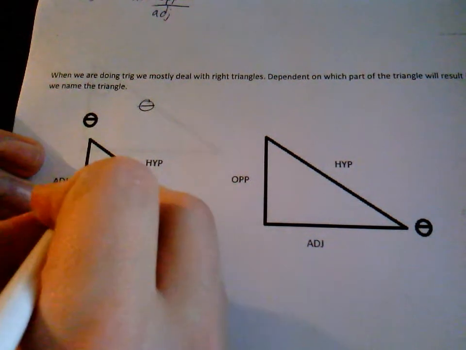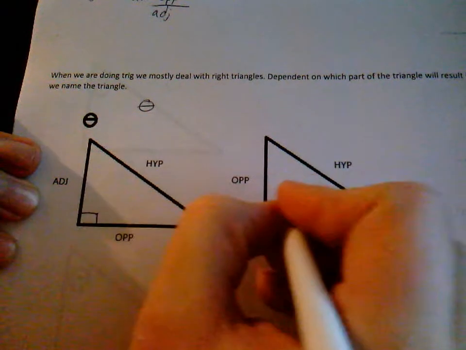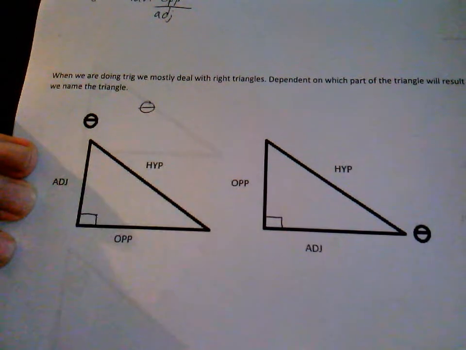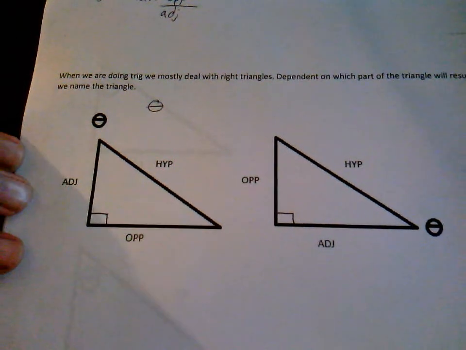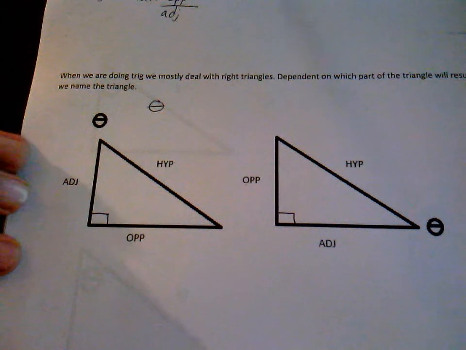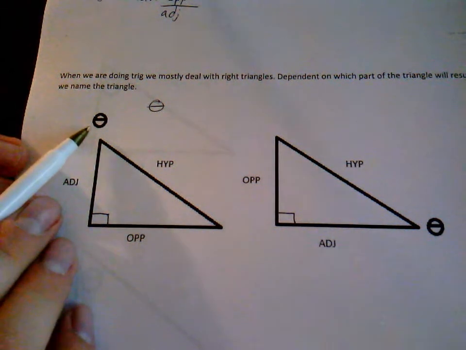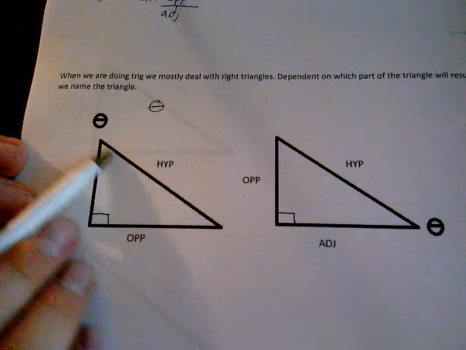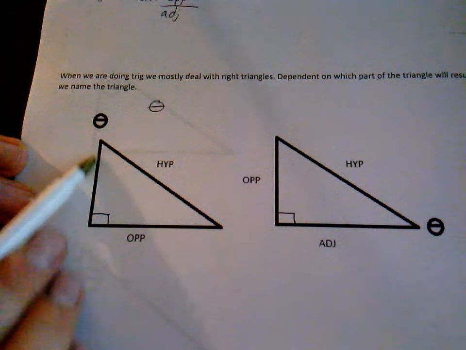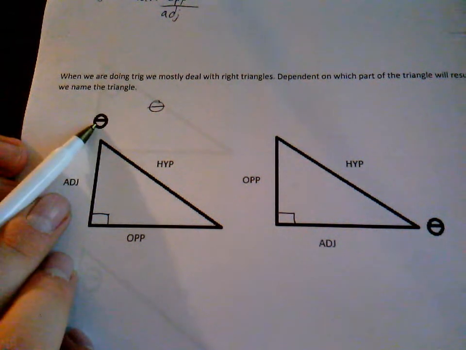Now with right triangles, wherever the theta is, it tells us where our adjacent and opposite sides are. For example, if I had a theta right here, the opposite side is always the side that's not touching the theta symbol.